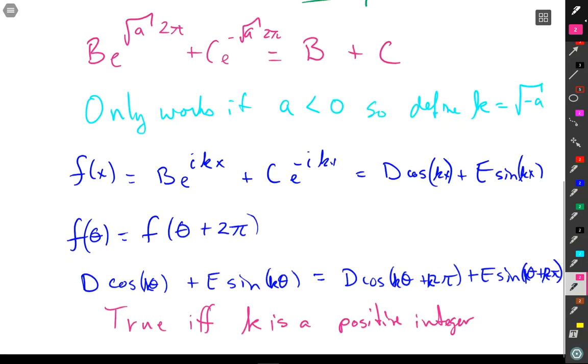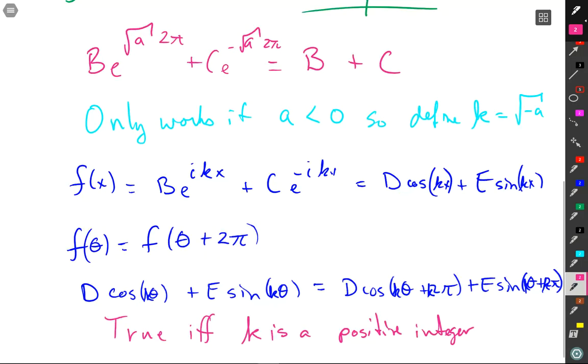We're going to have our function is, I can just put this d cosine kx plus e sine kx, where k is 1, 2, 3, etc. And then what are my eigenvalues?